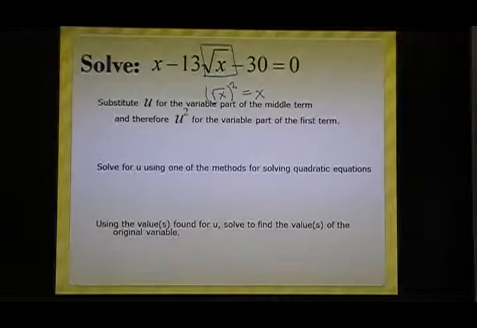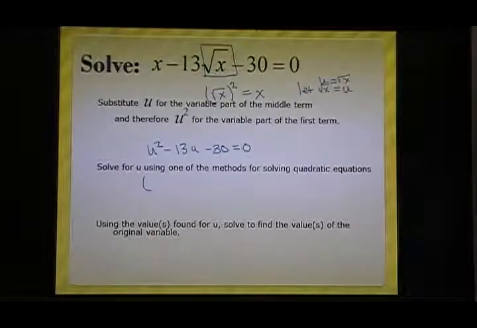So this guy is quadratic in form. So we're going to let the square root of x equal our u, or our u equal our square root of x. It doesn't matter, same thing. So what we have is u squared minus 13u minus 30 equals 0.